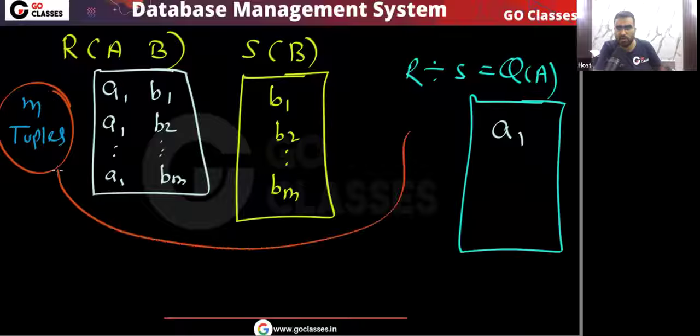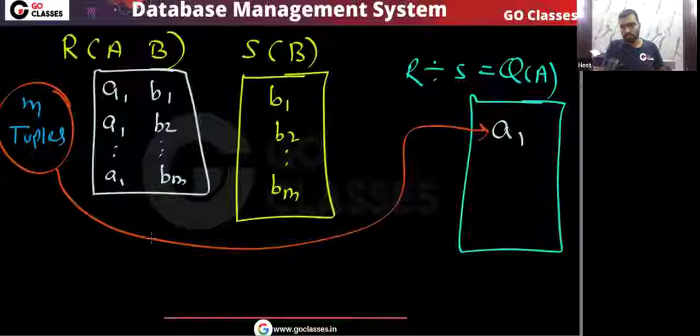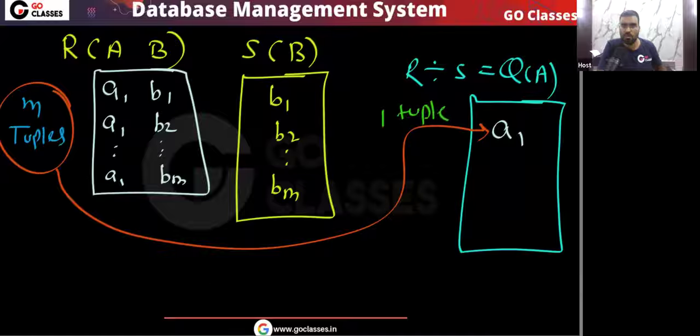M tuples become one tuple in the output. Is this clear?